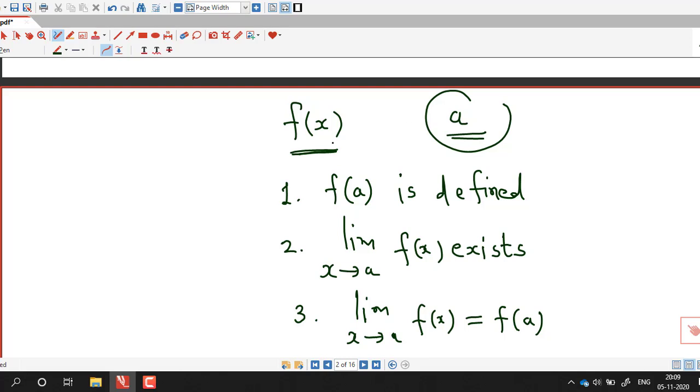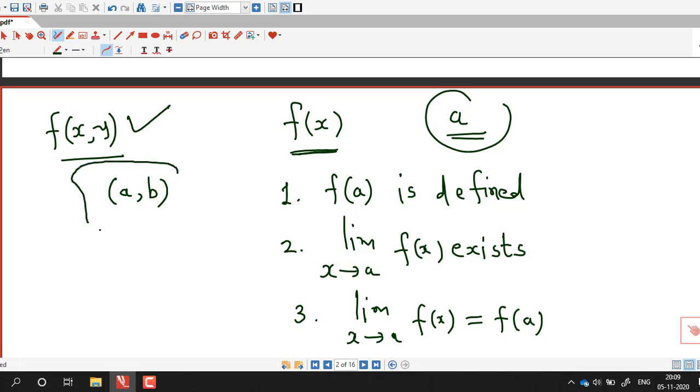So here also we are going to generalize this definition for functions of two variables. Instead of function of only one variable, suppose we have function of two variables x and y, and suppose we want to decide continuity of this function at some point (a, b) in the xy plane. So here we will replace the condition that f(a) is defined.